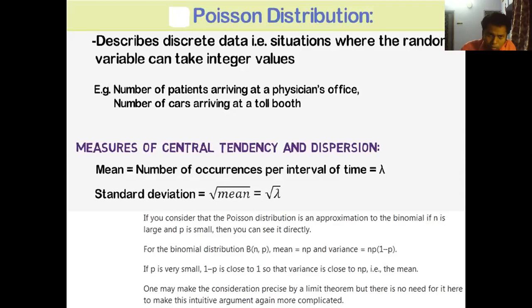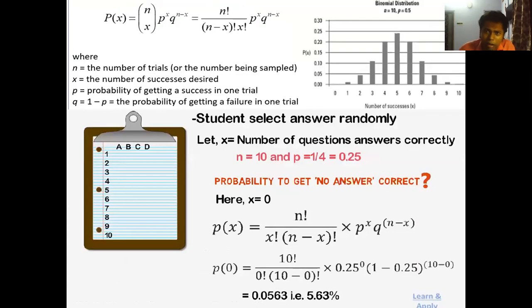Now usually in the Poisson distribution, the sample size n, that means the total number of observations, is very large. In a binomial distribution, suppose n is equal to only 10.